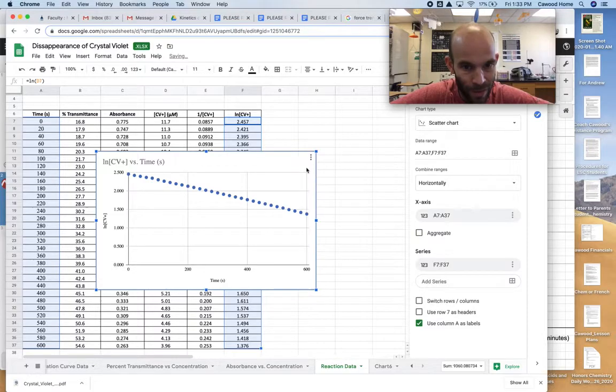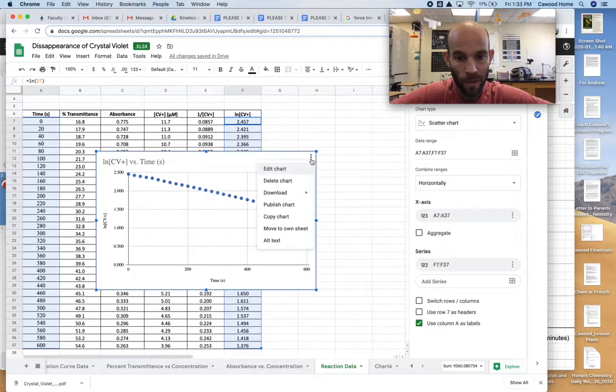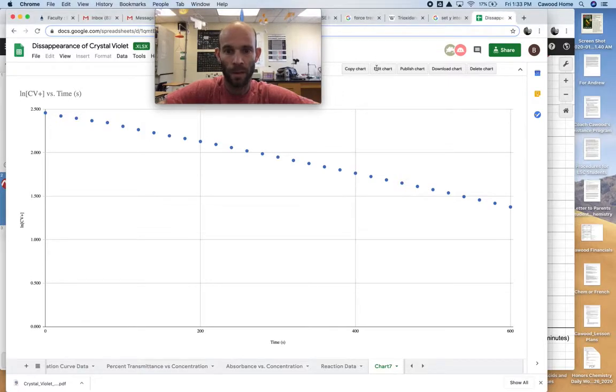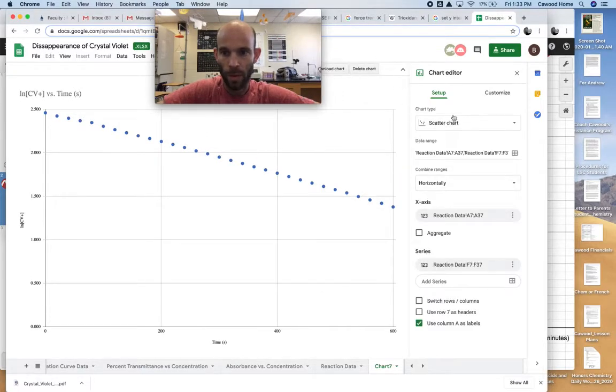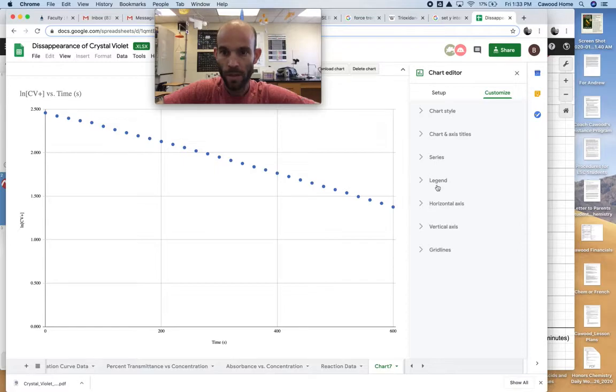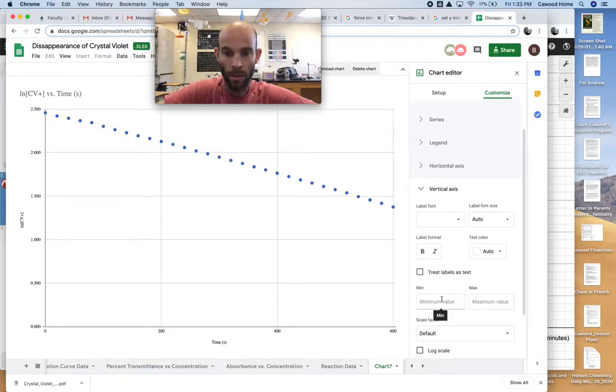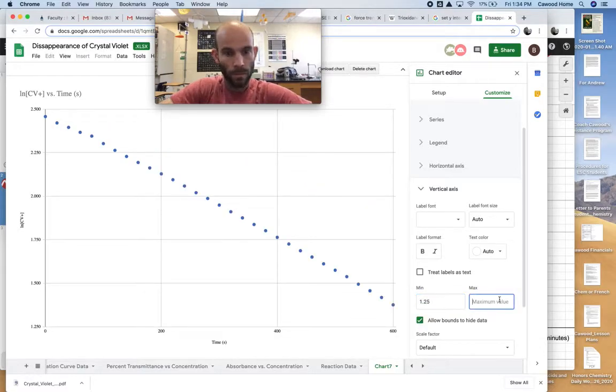All right, so that's pretty. That's definitely linear. Move it to its own sheet. I can change the scaling on here. That might be good. Don't really have to, but we can customize the vertical axis and just go from, say, 1.25 up to 2.5. Okay.